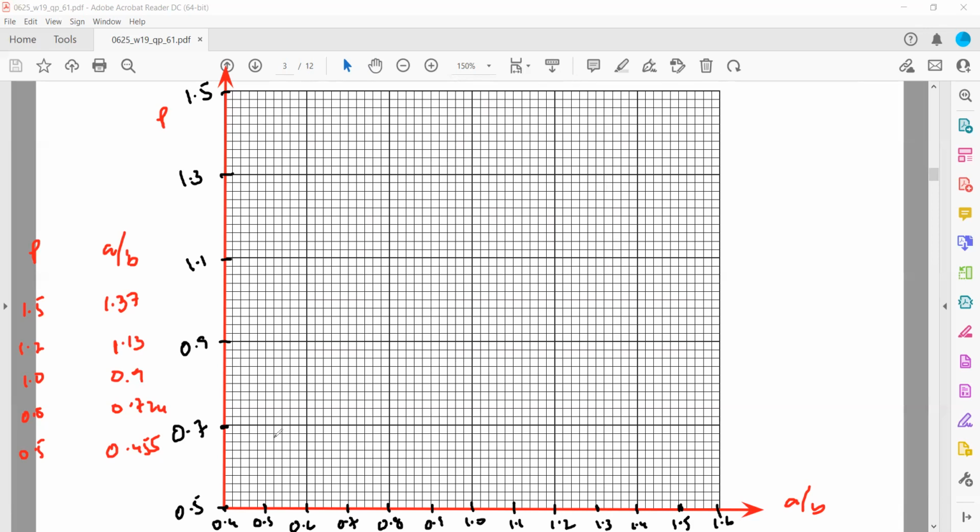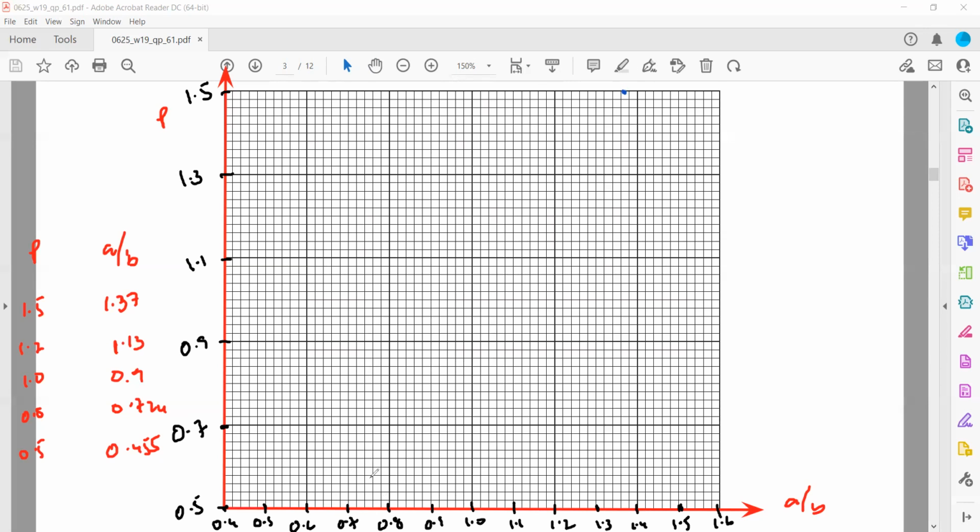Now 1.5 and 1.37, each box is equal to 0.2. So 1.32, 1.34, 1.36, 1.38, so between them will be 1.37. So this will be here. This will be the first point.